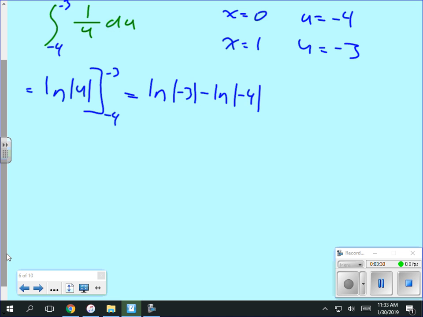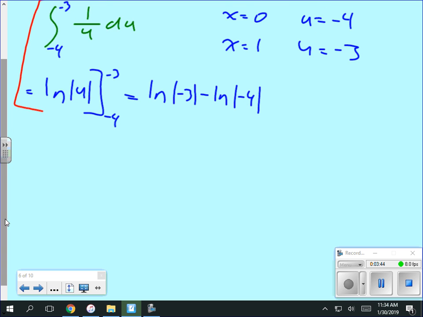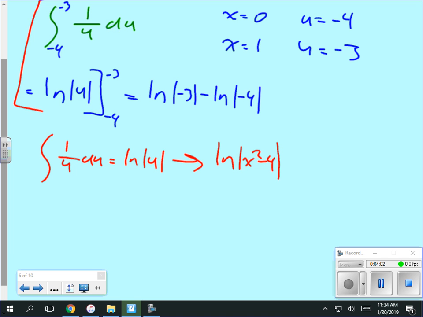If we had not changed our bounds, we could have done it in u, and then when we get to here, if we don't change the bounds, that kind of gets skipped. What you do is say, okay, the integral of 1 over u du equals the natural log of the absolute value of u, and then I change it back over to the natural log of the absolute value of x squared minus 4, evaluated from 0 to 1.